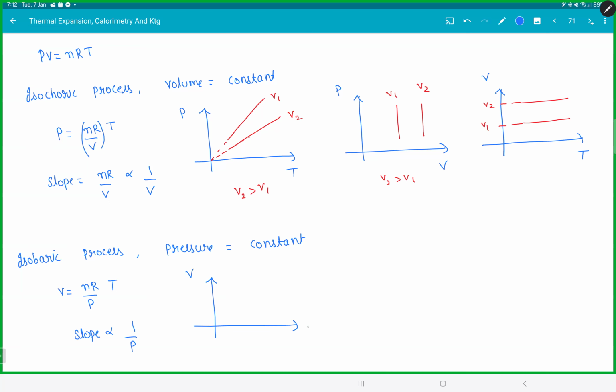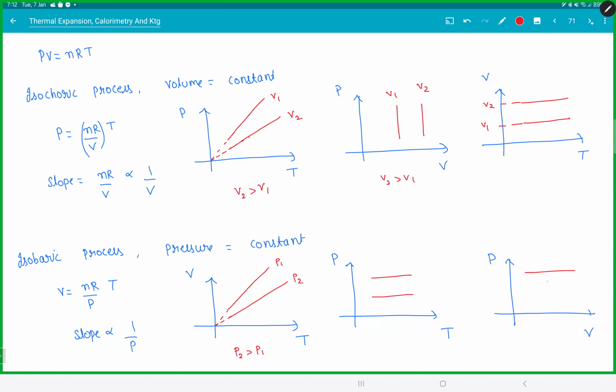If you draw a VT graph, if you draw a PT graph, or if you draw a PV graph, this would be a line passing through the origin. This is P1, this is P2. P2 is greater than P1. They will look like this only here. So that is kind of actually useless, so we'll not draw that. I hope that is making sense.